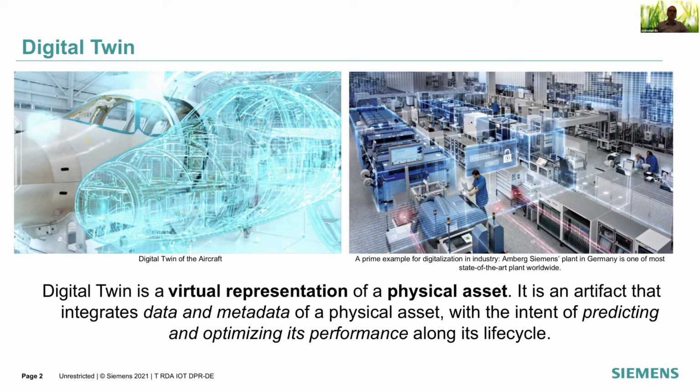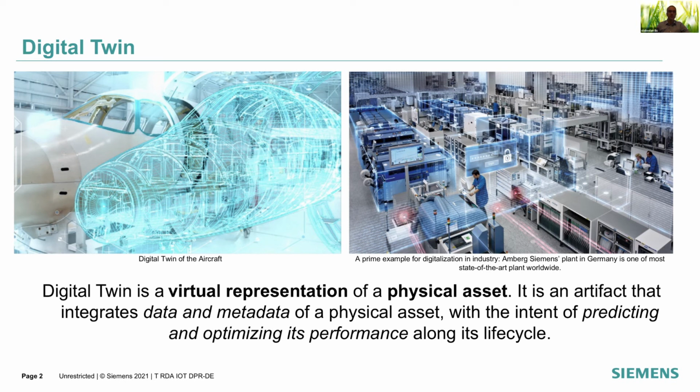On the other hand, you can see one of the Siemens factories, the most modern Siemens factory, in Hamburg, where they use it as a playground for a lot of new technologies. One of these is the digital twin. You can see a fancy overlay of the processes and digital representations of the machines on the real image.